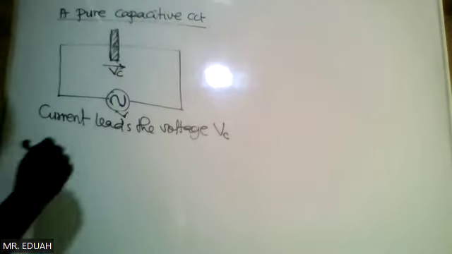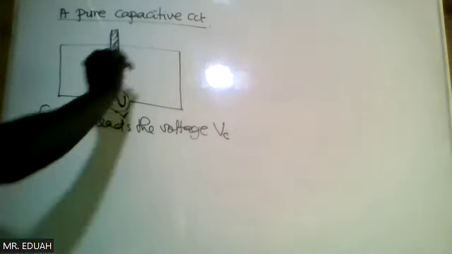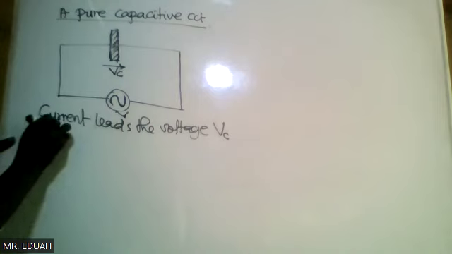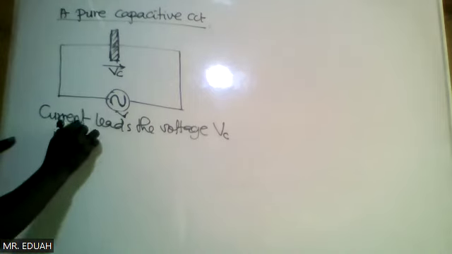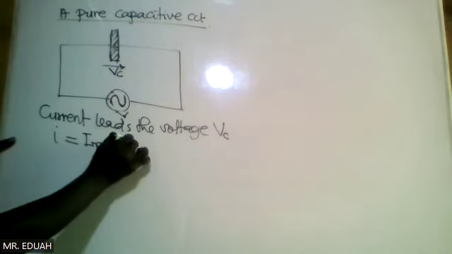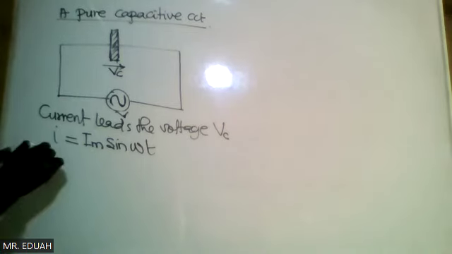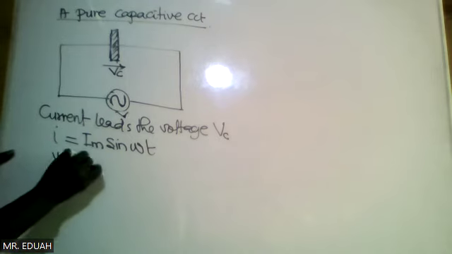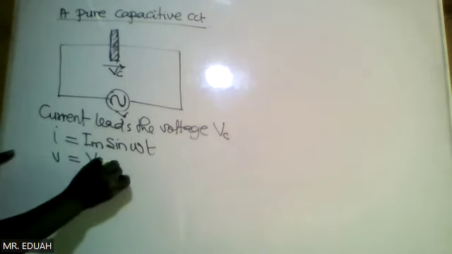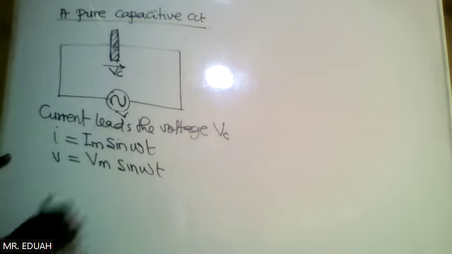Now, what is the equation of the instantaneous current flowing through the circuit? I is given by Im sine omega t. What is the expression for the instantaneous voltage? Vm sine omega t.